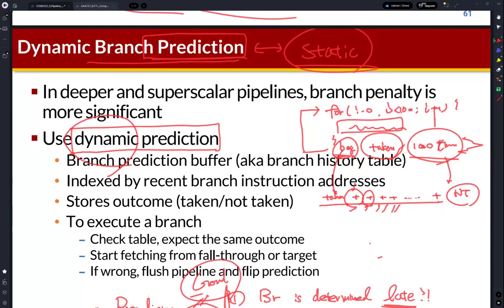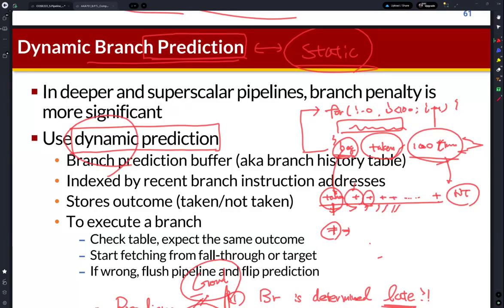That means you can just check one previous result. When we monitor the result of a branch instruction, which means the history of a branch instruction, it's taken. And what will be the next result?